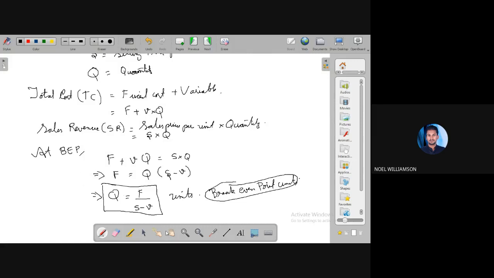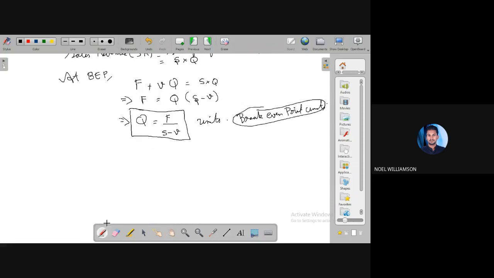Now, as a note, you may note that total sales revenue equal to number of units sold into selling price of an unit.